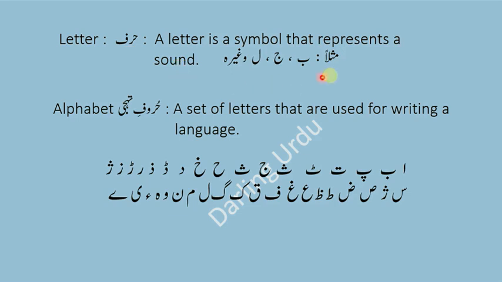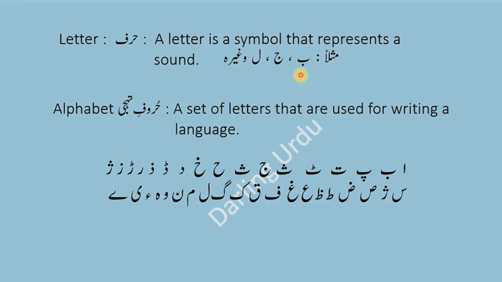Students, you can see just I have given you these examples. These are letters and other letters are, you can see here, this is Urdu alphabet and it contains 37 letters. So we use letters to represent a sound. For example, b. To express such sound, we use this bay.